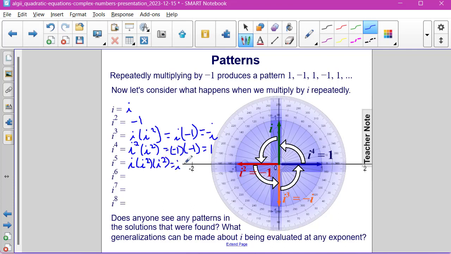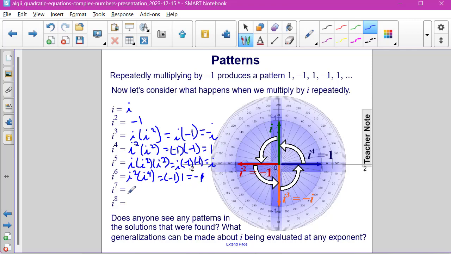So that'll be i times -1 times -1. That's +1 times i, which is just i. If we do i to the sixth, we would have i squared times i to the fourth. i squared we know is -1. i to the fourth we found out is equal to +1. So that's going to be -1 again.